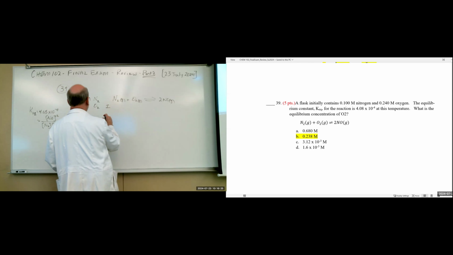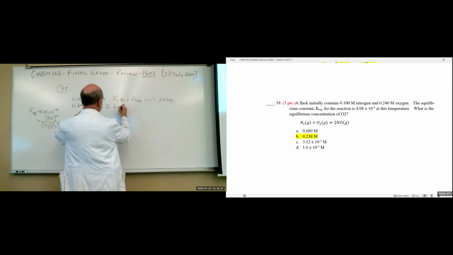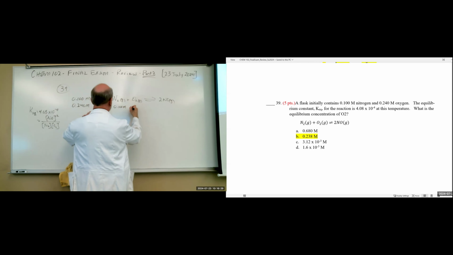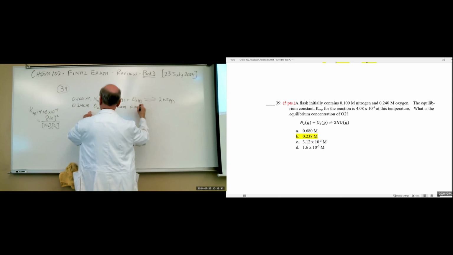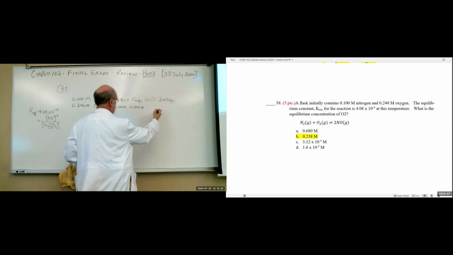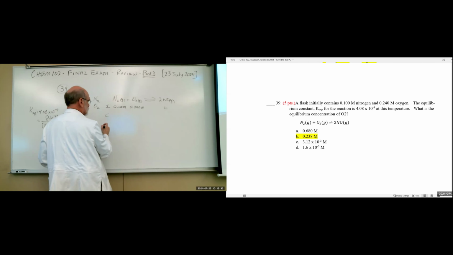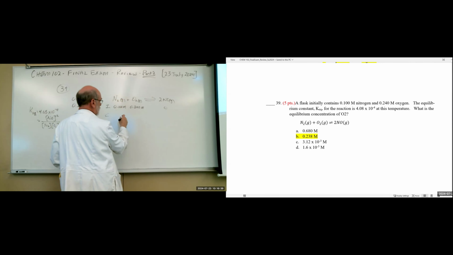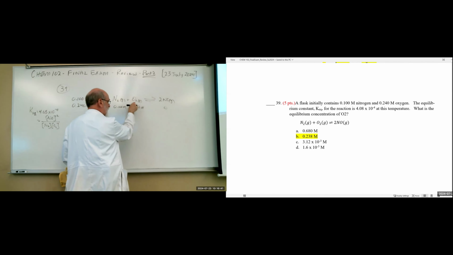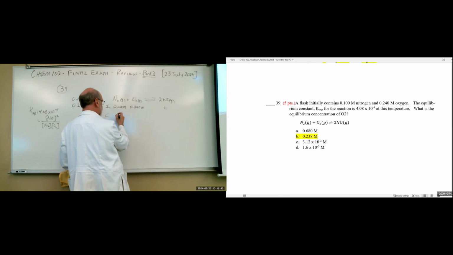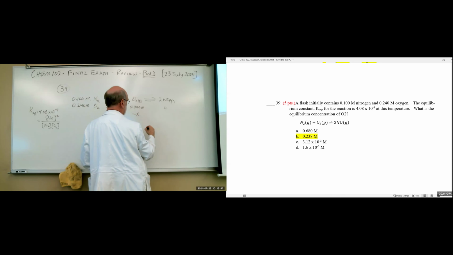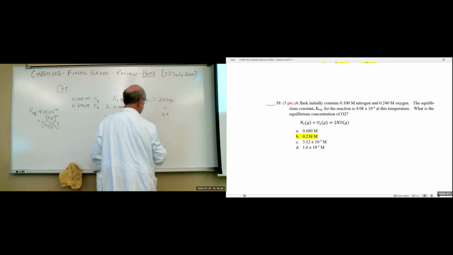So initially we have 0.100 molar and 0.240 molar, and we have 0 here. So the change we know is going that way. We're going to lose X that much and that much, which means we're going to end up with 2X over here.